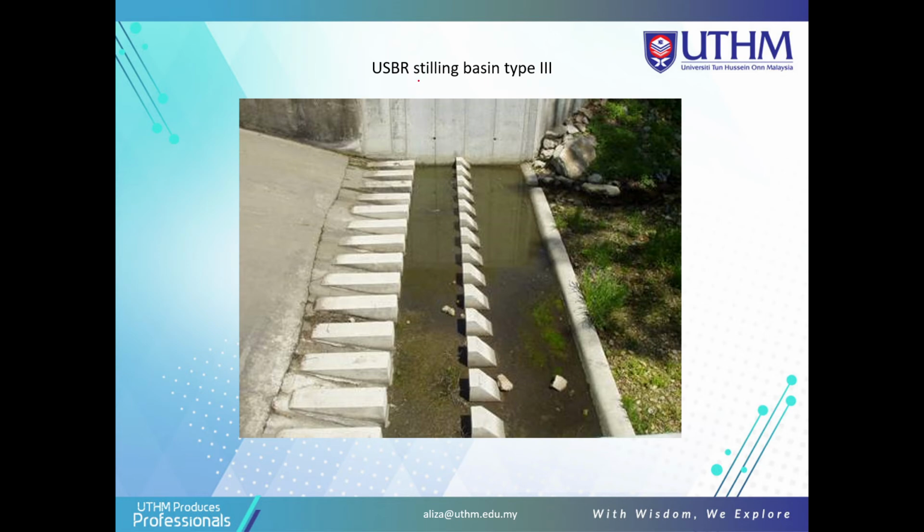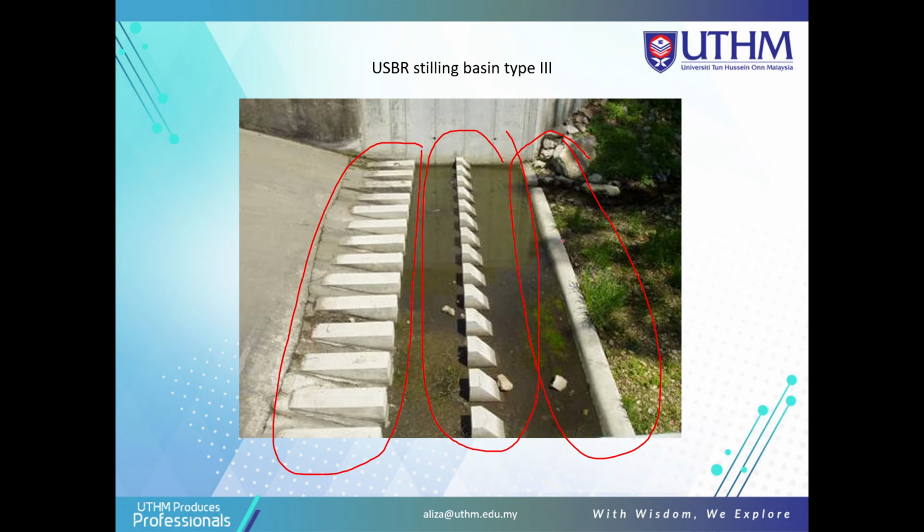So this is the USBR Stilling Basin Type 3. It is an energy dissipator to control the flow in the spillway or dam.